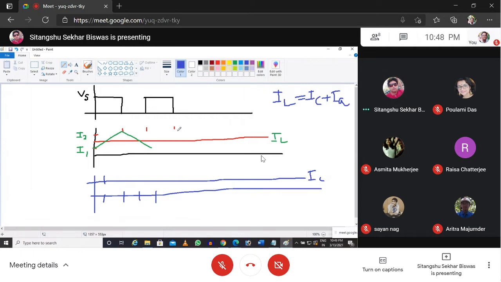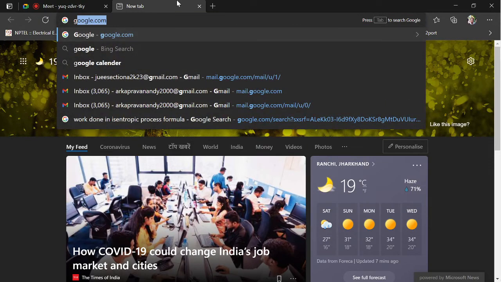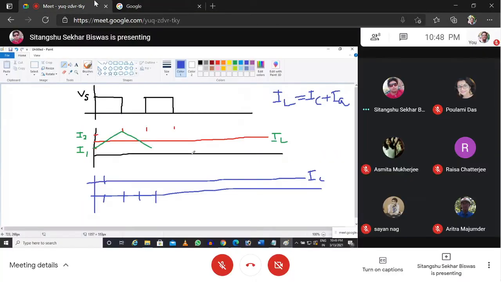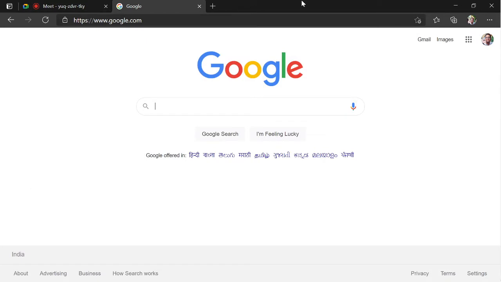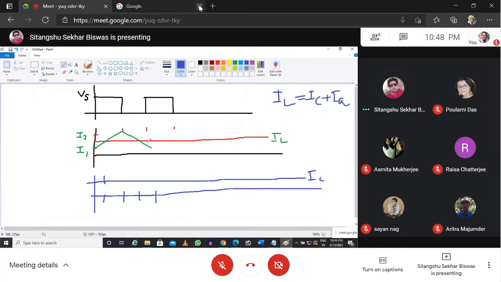Now when the current through the capacitor is going beyond the average inductor current, which is higher than the load current, the capacitor will start to charge.